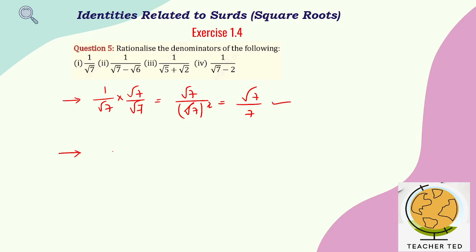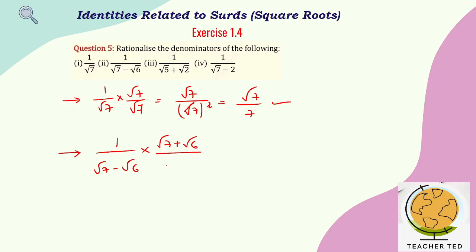Coming to the second question, that is 1 over root 7 minus root 6. In the last video, I uploaded the meaning of rationalization. Here, you need to multiply and divide by the same thing which is there in the denominator, with the opposite sign in between. If it is minus, you need to put plus here.